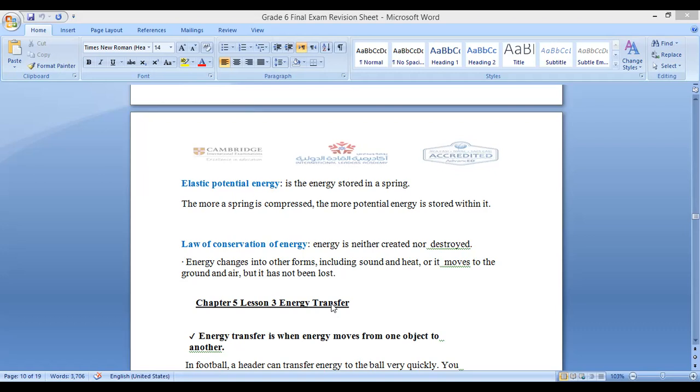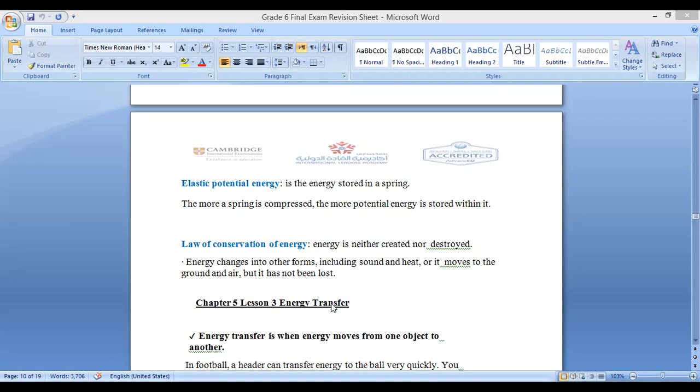And also, as in the example we saw, while we hold up a ball or something, this object will have potential energy, stored energy, because of its position, and this potential energy will be converted to another form of energy, which is kinetic energy, when we let the object move down.